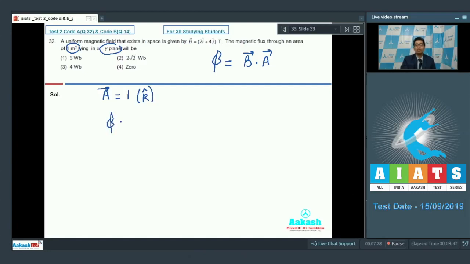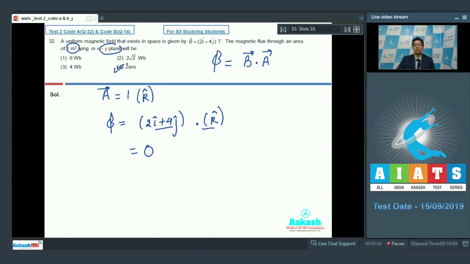Substituting the given values to calculate the magnetic flux, we can write that the magnetic field is equal to 2i cap plus 4j cap dot 1 k cap. Dear students, the flux therefore would be equal to 0, as the dot product of these two vectors is equal to 0. So the correct answer for this particular question should be option number 4.